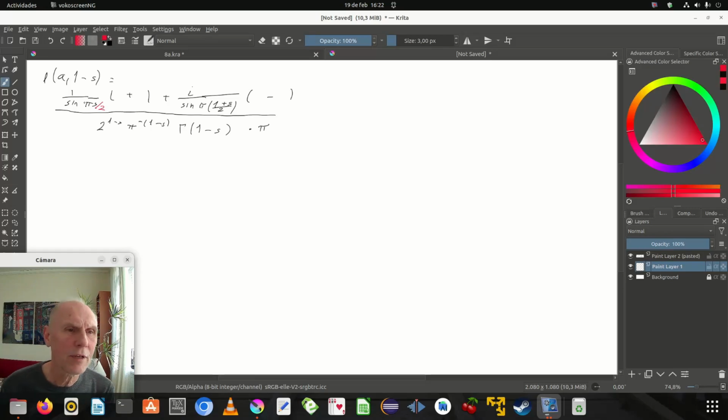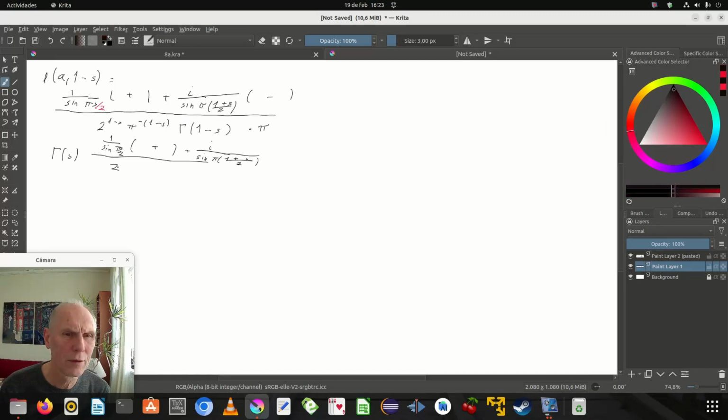I have copied the formula to the next page, and then we extend with gamma s to 1 minus s, and then we get a pi here, so it's pi to minus s.